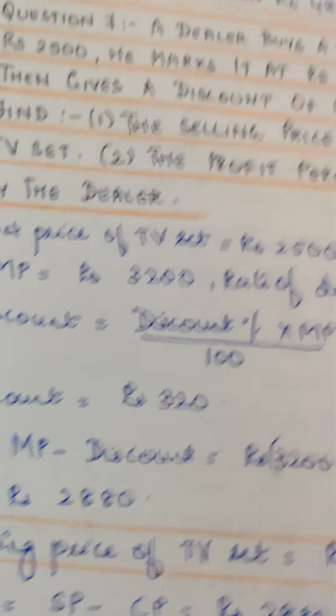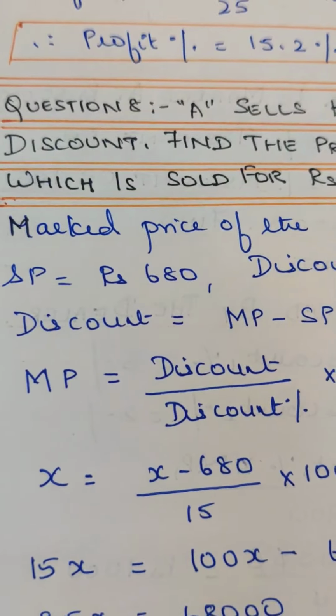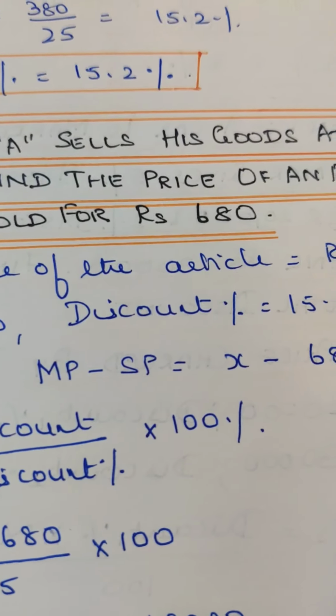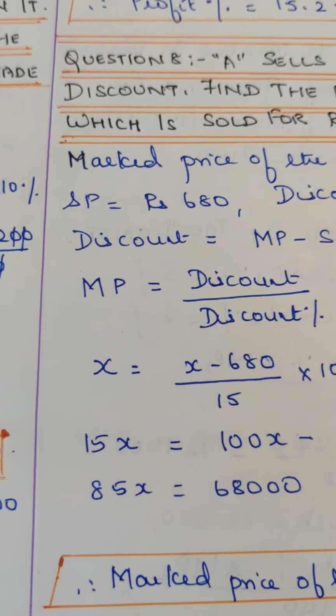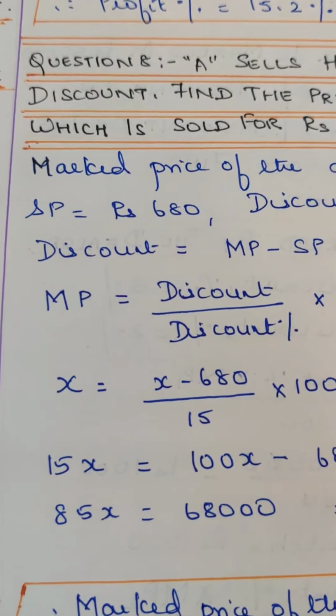Therefore, discount is equal to mark price minus selling price, that is X minus 680. Therefore, mark price is equal to discount by discount percent into 100%, that is X is equal to X minus 680 by 15 into 100, that is 15X is equal to 100X minus 68,000.